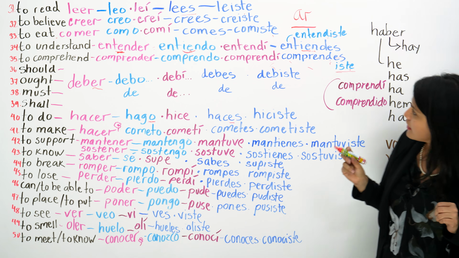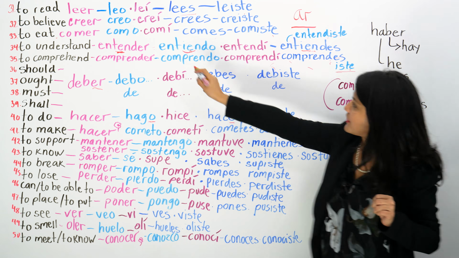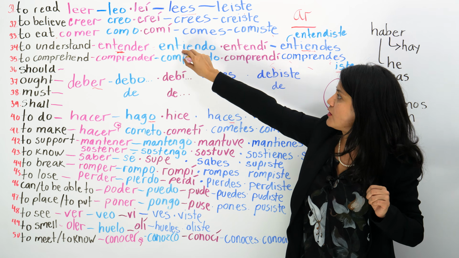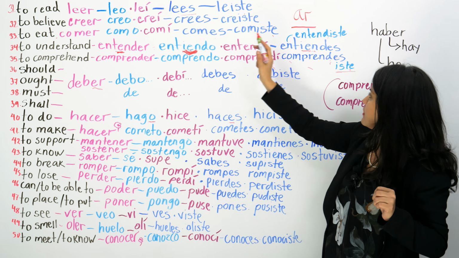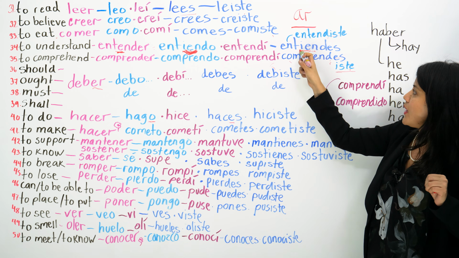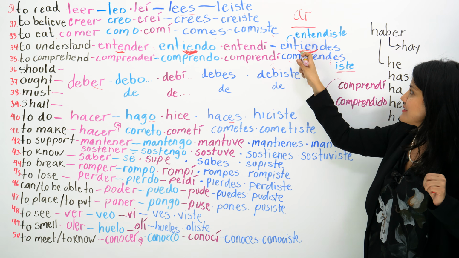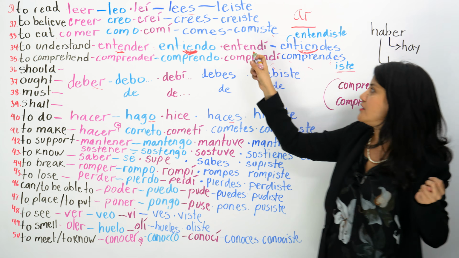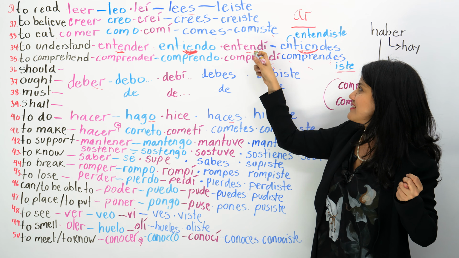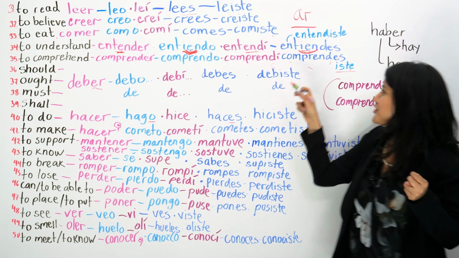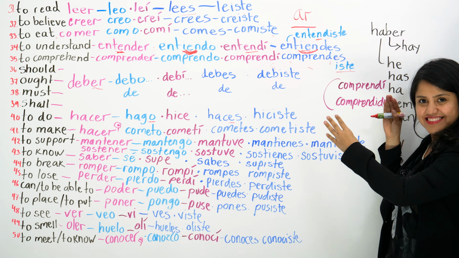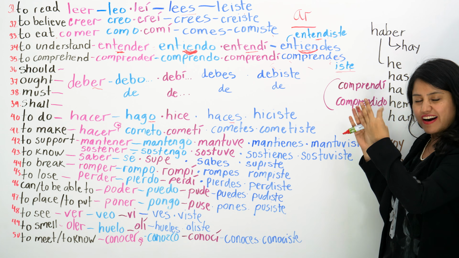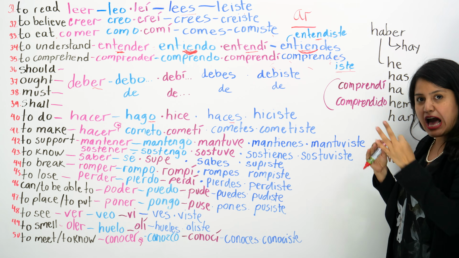Comprendiste en el pasado. You see how, for example, here, when you say yo entiendo en el presente, I understand. You understand. Tú entiendes. I understood. Yo entendí. You understood. Tú entendiste. See, they are not so far apart. They kind of follow the same pattern.